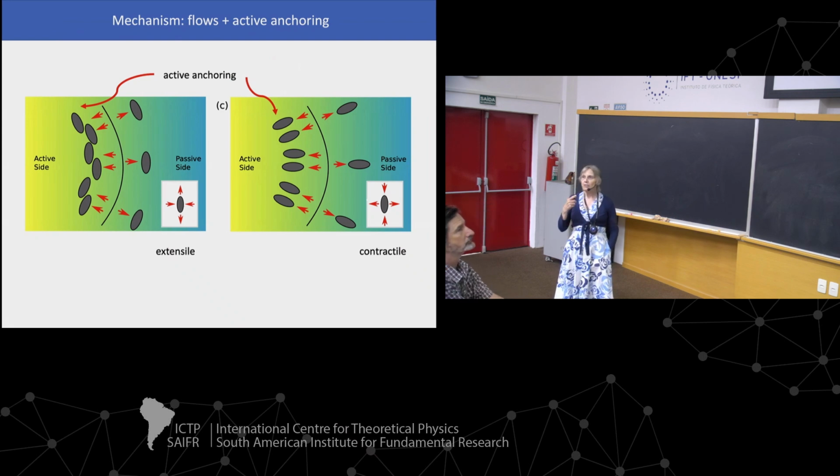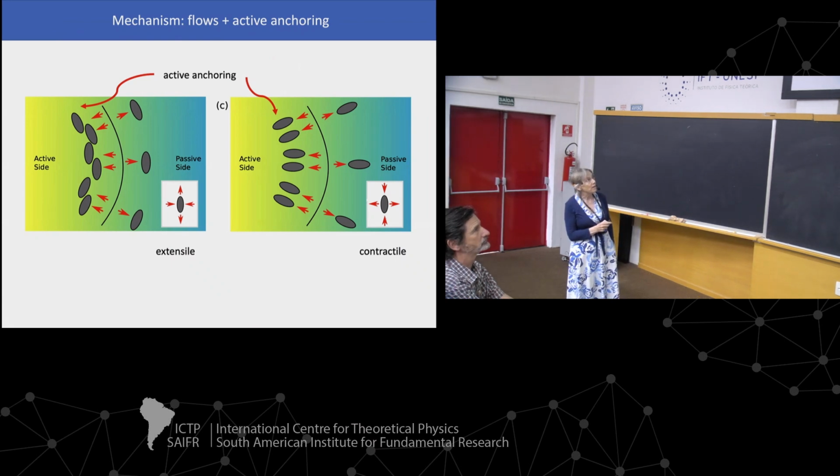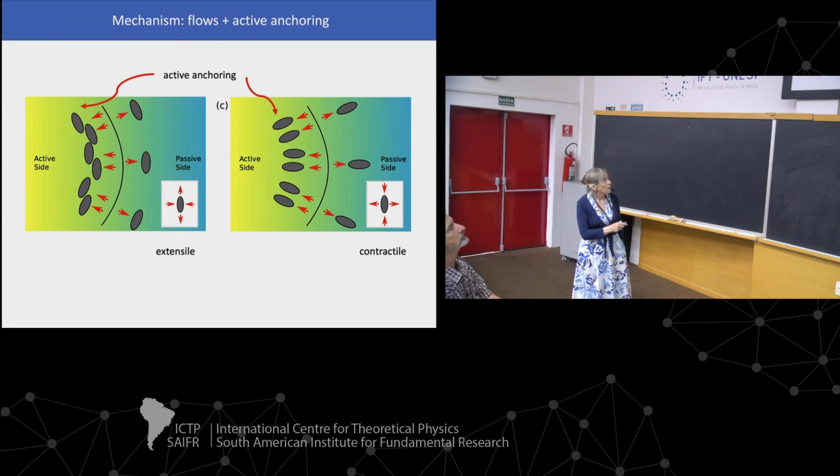So now let me draw the flow field on there. The flow field is the red arrows, right? Because these are extensile, they pump fluid out from the ends, and that's more or less going to balance out, and then in from the sides. There are more of them over here, because I said there was a fluctuation which made this side more active. All right?